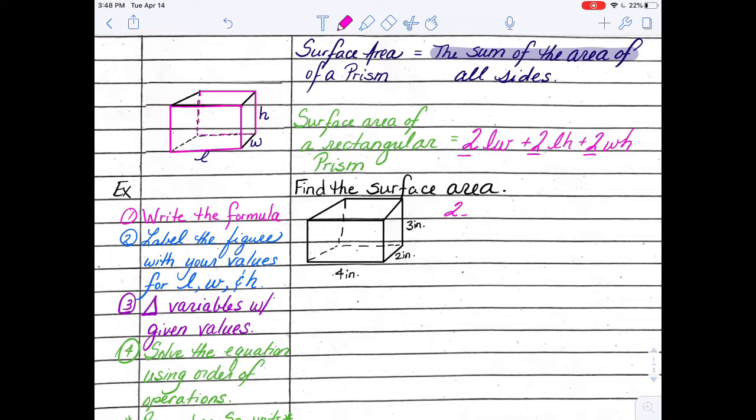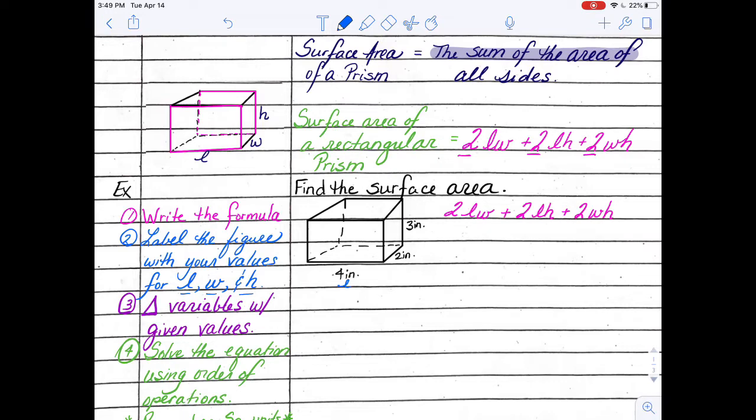That's 2 times one side, and we're going to say length times width, plus 2 times the length and height of that three-dimensional figure, and then add that to 2 times the width and height of that three-dimensional figure. Now, to make it easier for you, we're going to label those L, W, and H on our figure right now.